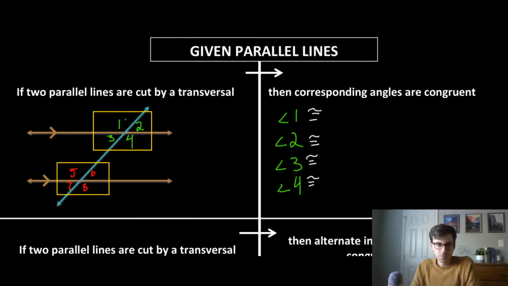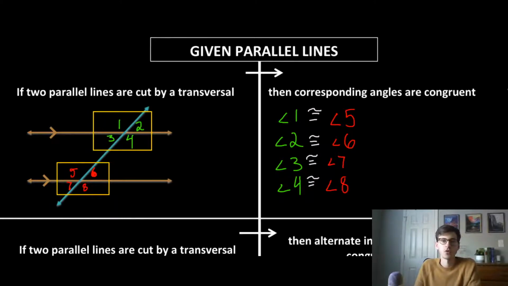Well, angle 1 and angle 5 are in the same position, so they are corresponding angles, meaning angle 1 is congruent to angle 5. In the same way, angle 2 is congruent to angle 6. That's not the best 6 I've ever drawn. It's okay. Angle 3 is congruent to angle 7, and angle 4 is congruent to angle 8. So that's what we're saying. If I have two parallel lines cut by a transversal, then the corresponding angles are congruent.